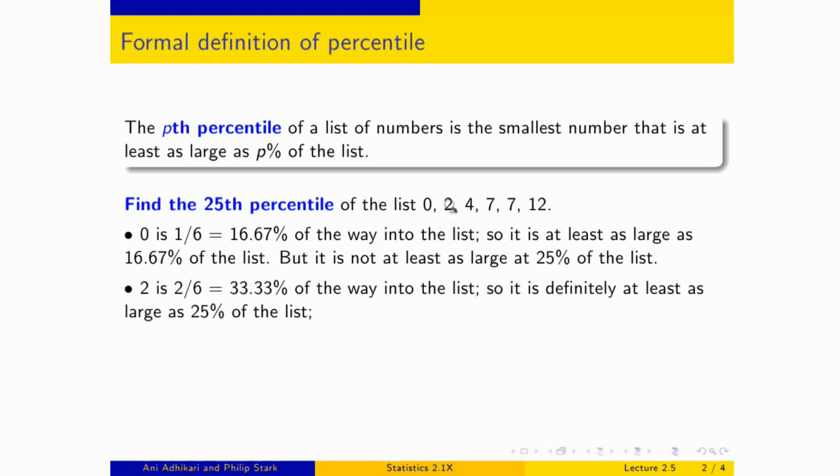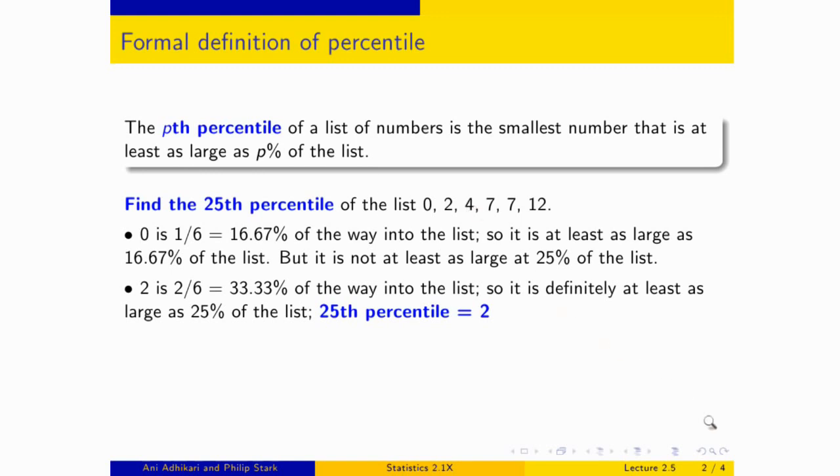And that is the first number on this list in increasing order for which we can make this claim, that it is at least as large as 1/4 of the list. And so therefore, by our definition here, that is our candidate for the 25th percentile. And just to make sure that these other numbers aren't really getting into the act, let's take a look at number 4.